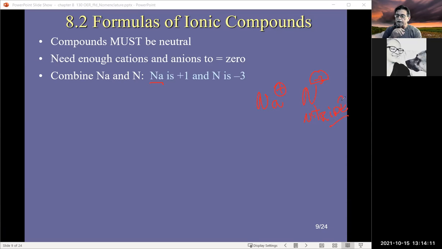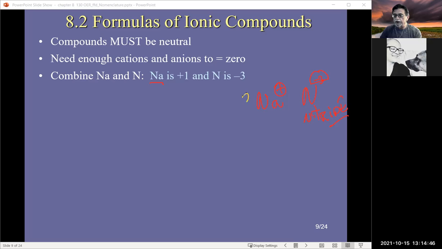The ending changes to -ide. All of the non-metals: oxygen becomes oxide, phosphorus becomes phosphide, and the halides: fluorine becomes fluoride, bromine becomes bromide, chlorine becomes chloride, and so forth. Nitrogen becomes nitride. Once we know what the ions are, we put enough of each so their charges cancel out.